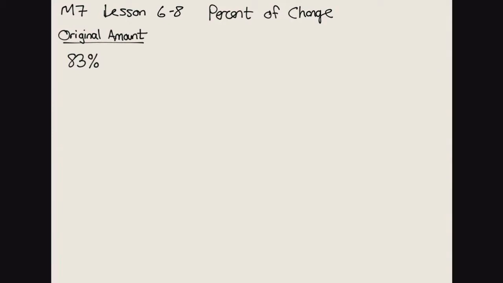We call this next part the second or final amount. And then there's a third spot, which we call the amount of change. That's an important part here, amount of change.